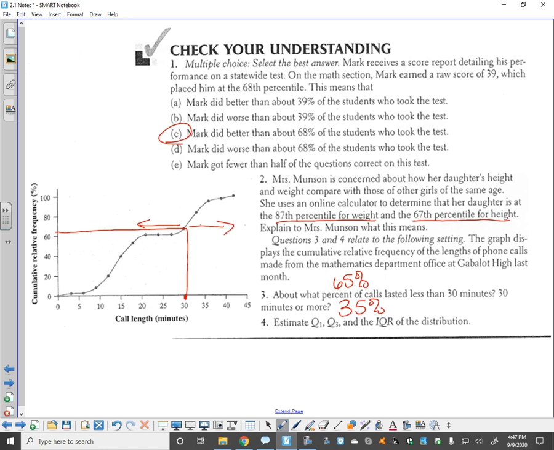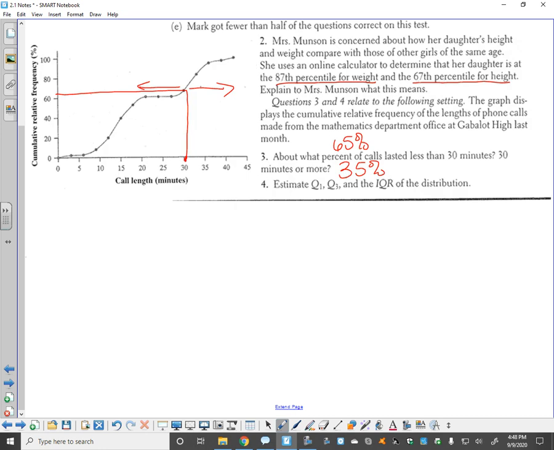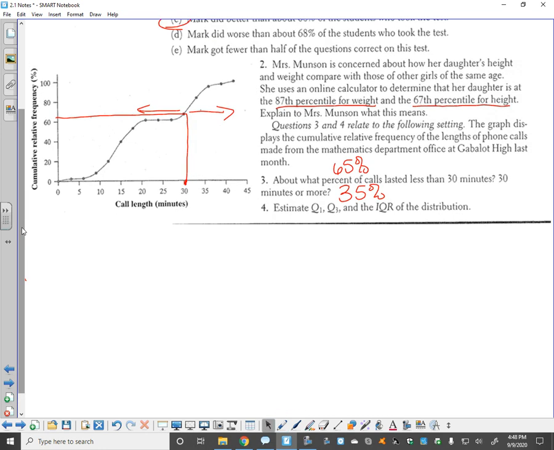Estimate, oh looky here, the Q1, Q3, and the IQR. Love it. All right. Q1 is going to be at, that's 30, there's 25. So Q1 I think is, I don't know, 13 maybe, somewhere in that ballpark. Q3, which is 75%. Nope, 75% would be here.